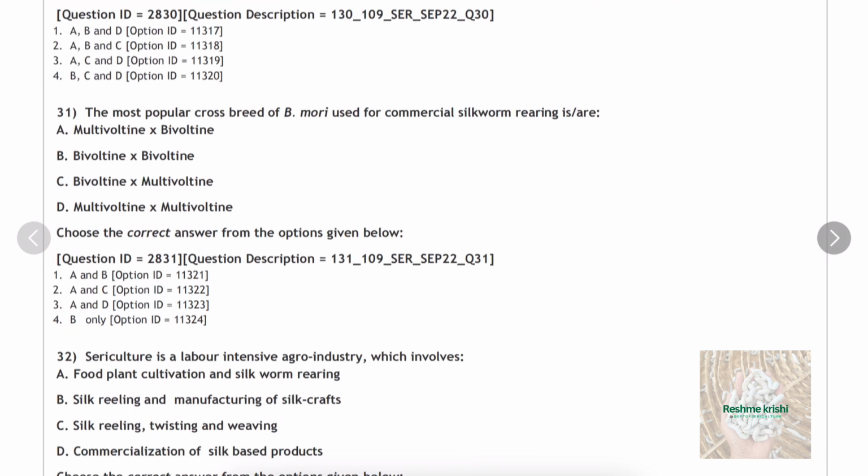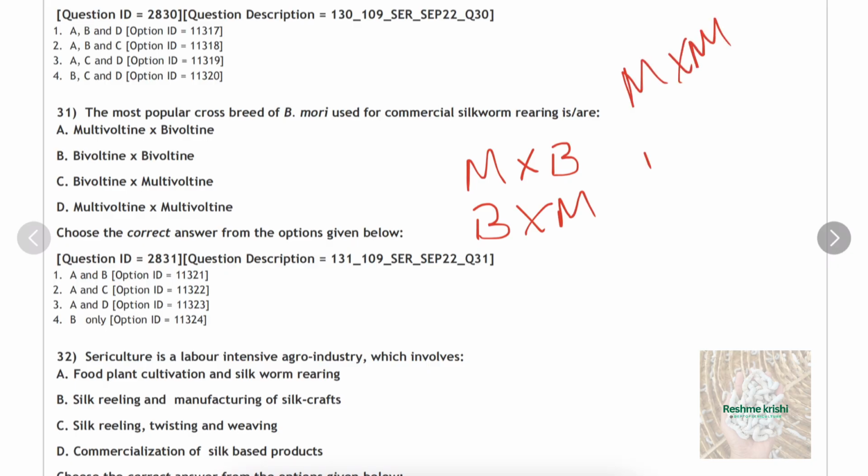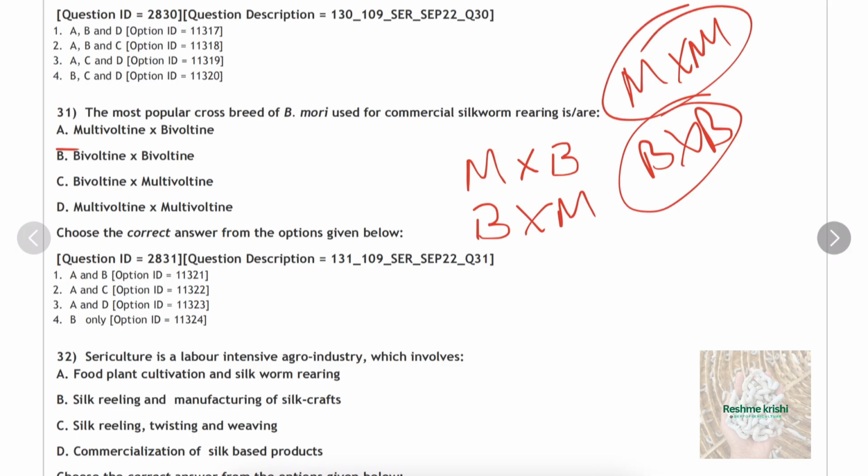See, the most popular crossbreed. Crossbreed means there should be one multivoltine and one bivoltine, multivoltine into bivoltine or bivoltine into multivoltine. You can't cross a pure race, multivoltine into multivoltine, or bivoltine into bivoltine, as a crossbreed. So bivoltine and bivoltine is cancelled, multivoltine and multivoltine is cancelled. These two are there.